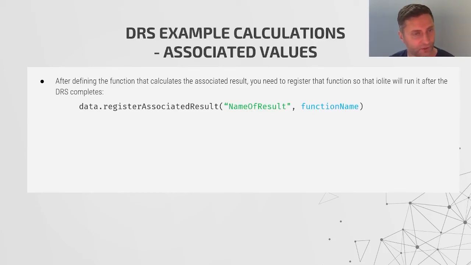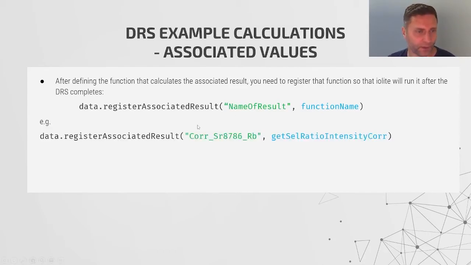So that's the function we defined in the previous slide. In our example, I've called the result the correlation between strontium 87/86 and rubidium, and I tell it the name of that function to call when it runs.